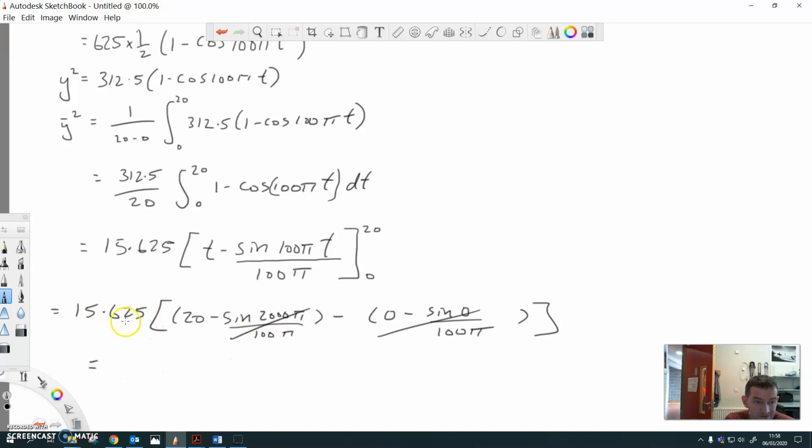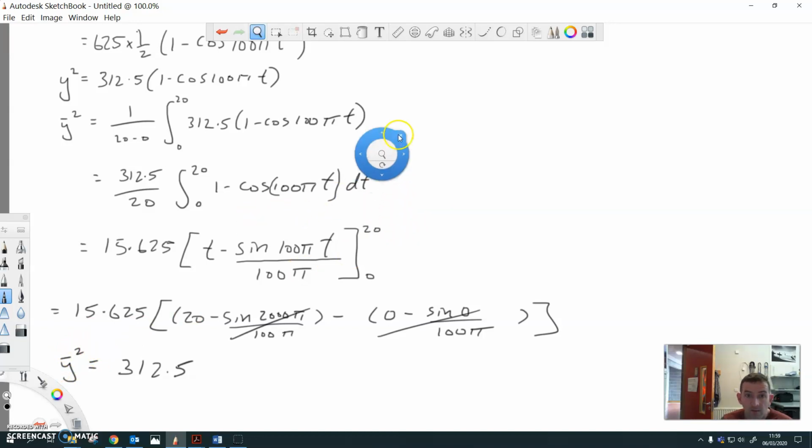So we're going to have 15.625 times 20. Right? 15.625 multiplied by 20 gives us 312.5. What's that? That's y bar squared. Right?